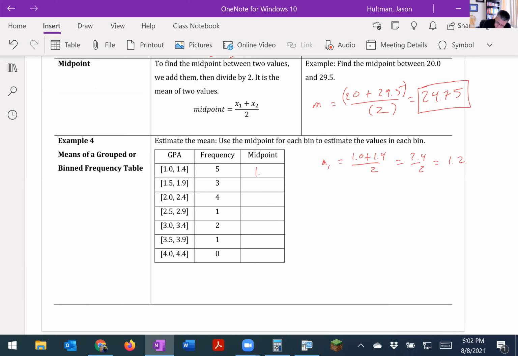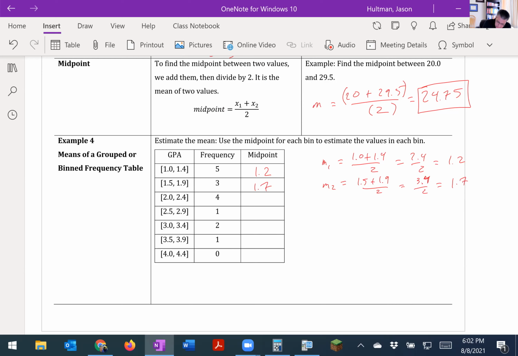So the midpoint there is 1.2. What about the next one here? This is going to be 1.5. The midpoint for bin 2 is 1.5 plus 1.9 over 2, which is 3.4 divided by 2, which is 1.7.